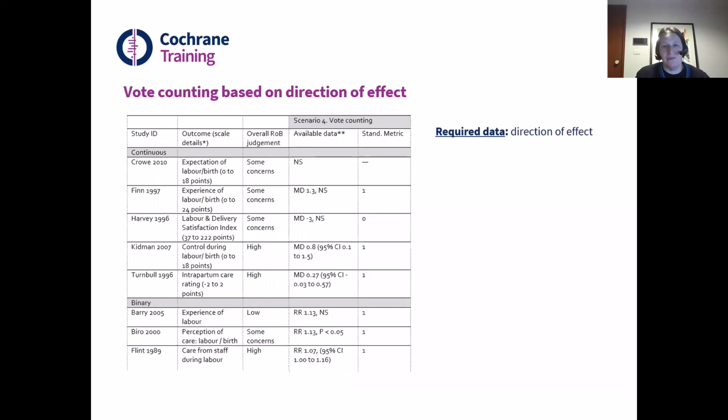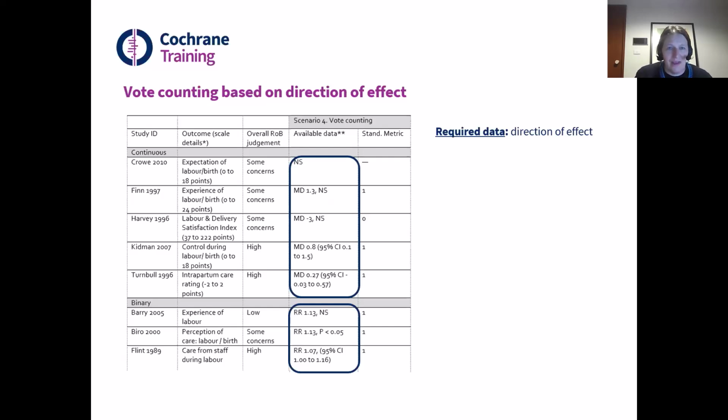So the required data, we just need direction of effect. So we need minimal reporting to be able to use this method. And that minimal reporting means we're going to be able to include generally most studies within this synthesis method. And it may be a much larger number of studies than can be included in the meta-analysis.